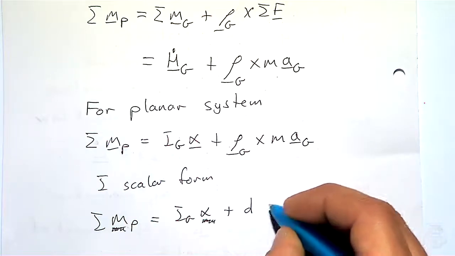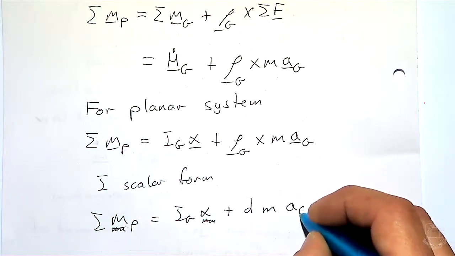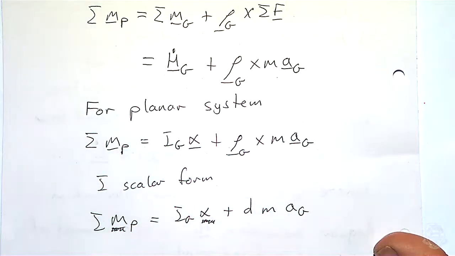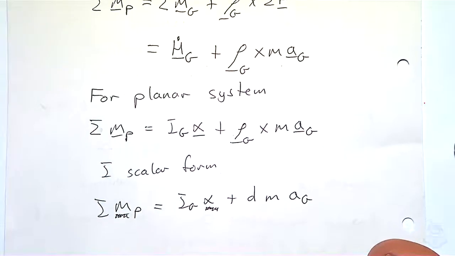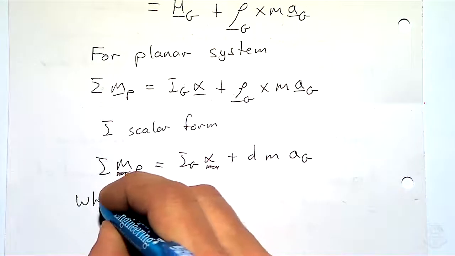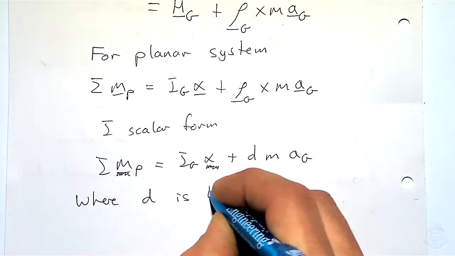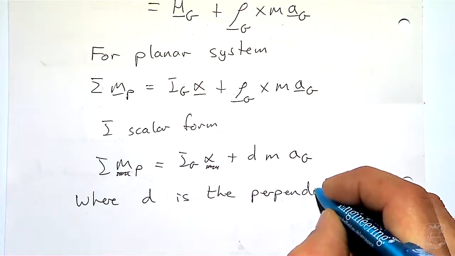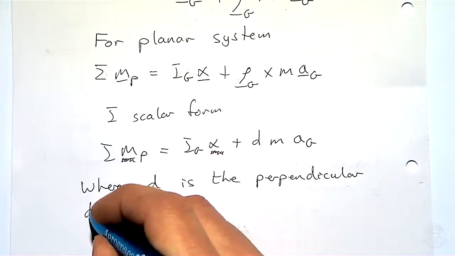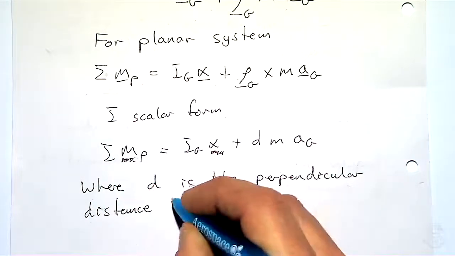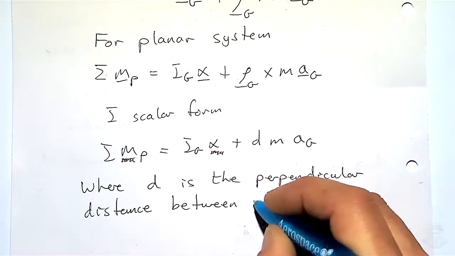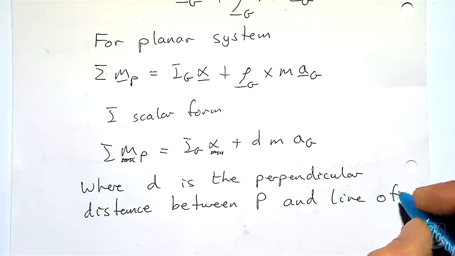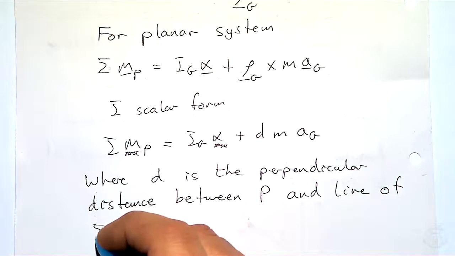Plus the distance d times mass times ag, where d is the perpendicular distance between the point P and the line of the forces, sum of F.